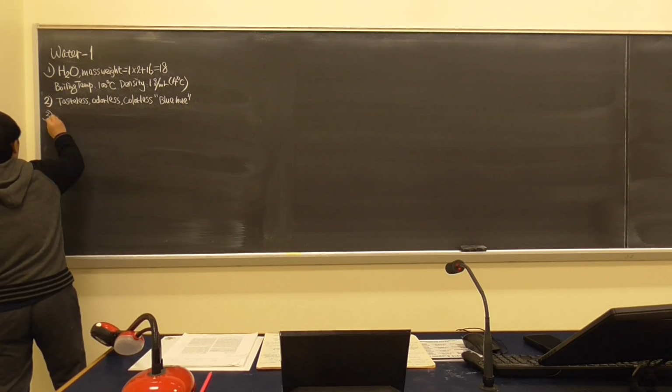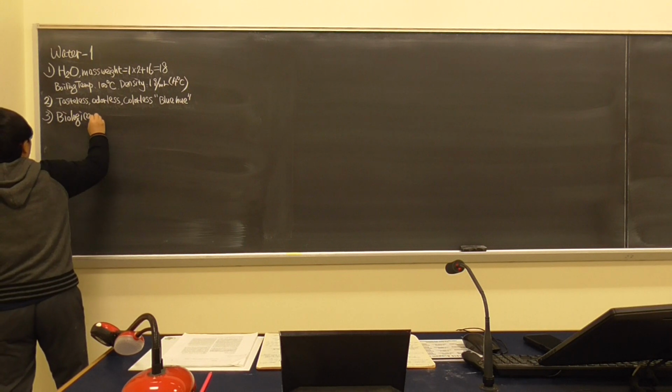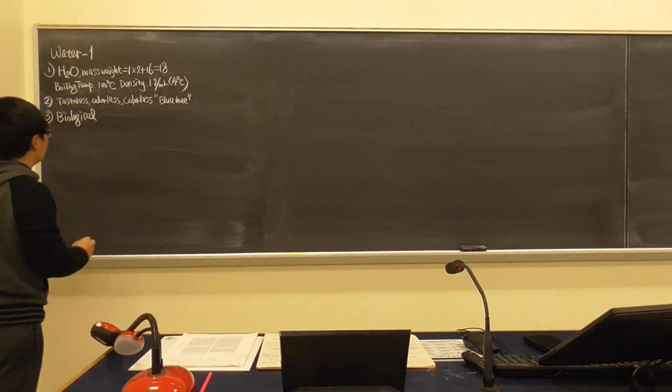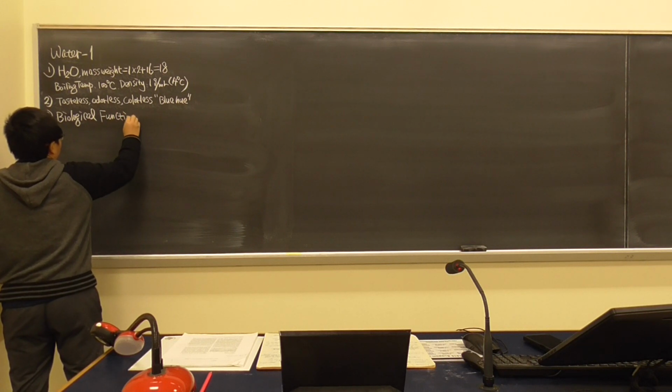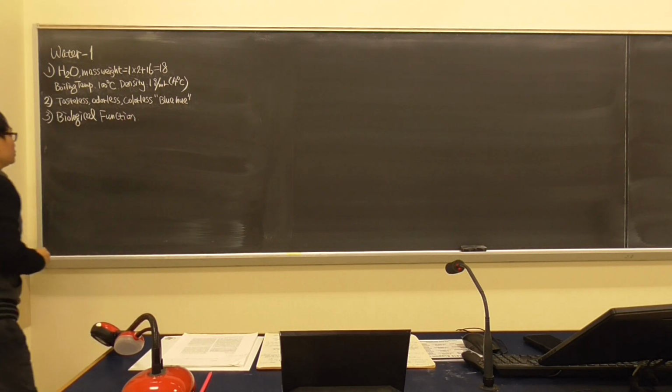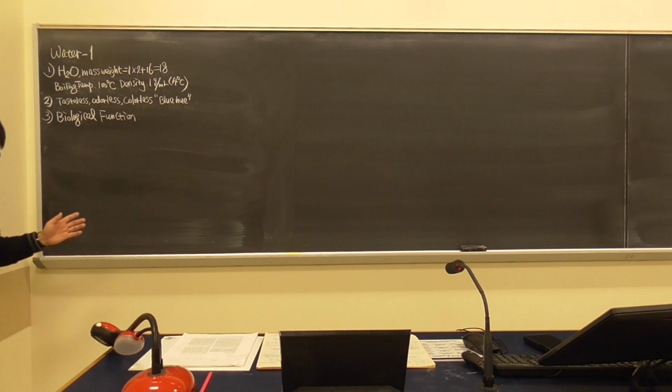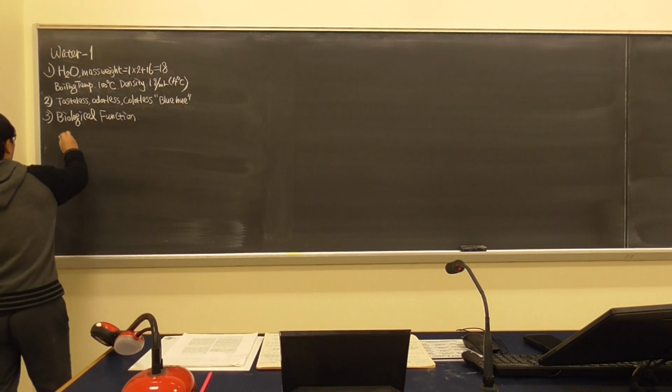Now, biological importance. We already know it is very important for all biological functions. So we're not going to repeat it here, because for the metabolic, for the genetics, from different perspectives, water is very important. So we skip that part.